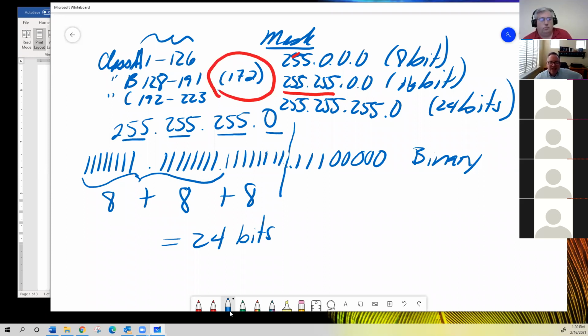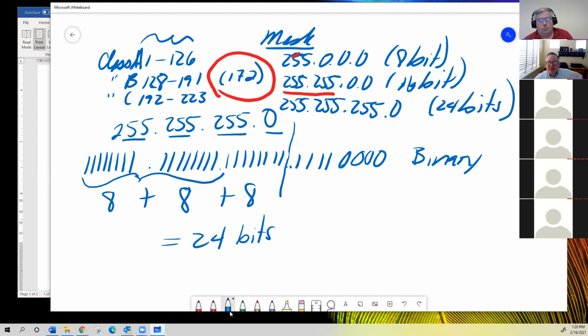Now, in the case of a class C, the first 3 octets, those first groupings of 8s, cannot be changed. But even though you start out with 255, 255, 255.0, you can start putting ones in here. Let's say we put 4 ones and 4 zeros.